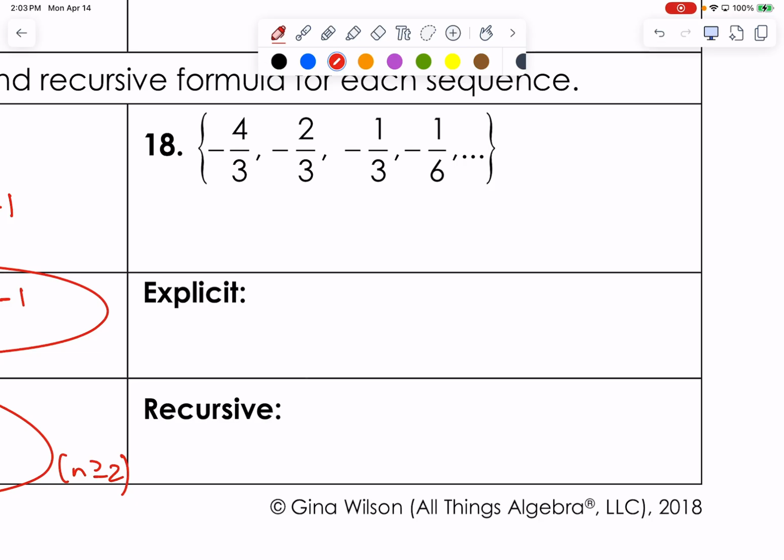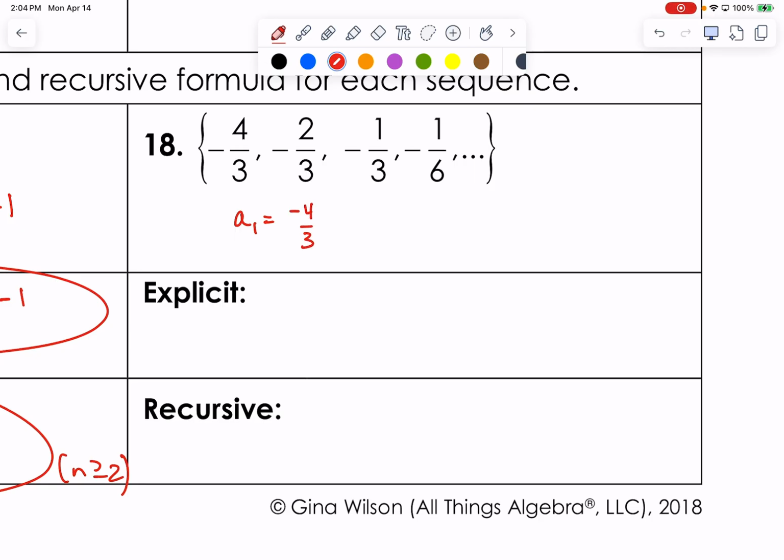Recursive for this one, go. Yeah, 1/2. Are you sure? I've got a sub 1 is negative 4/3.